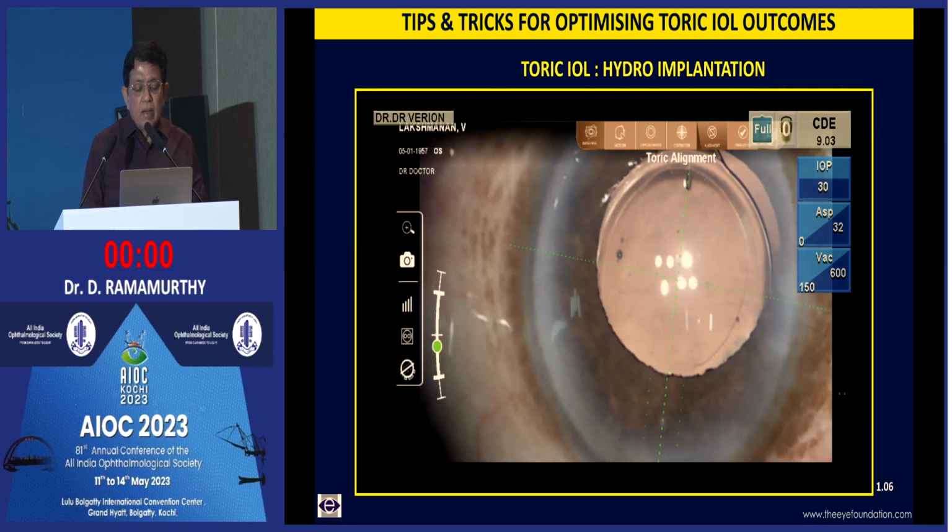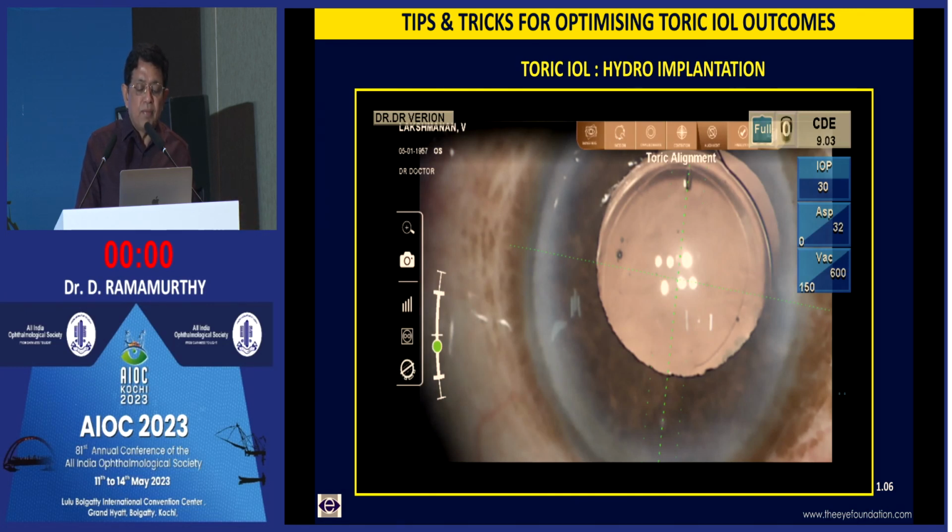Here I would like to mention a word about Indian and imported toric intraocular lenses. Obviously, the imported lenses are good. A lot of research has gone into them, and I am a high volume user of multifocals, torics, etc. But if you have a patient with 1.5 or 2 diopters of astigmatism who cannot afford an imported toric intraocular lens, we do not hesitate today to go ahead and implant Indian toric lenses.